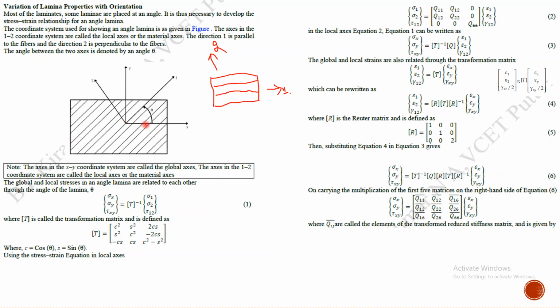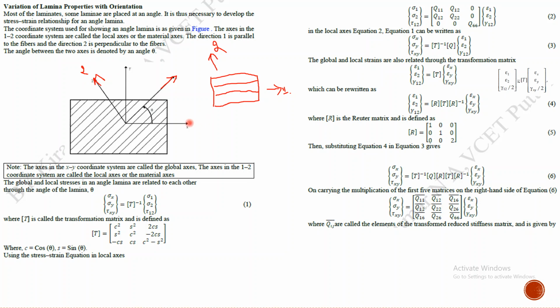Here the fibers are oriented in different directions, and whatever values we calculated previously, that is strains and stresses, are applicable only in the direction of 1 and the direction of 2. But we don't want these values, the stresses and strains in the fiber directions.